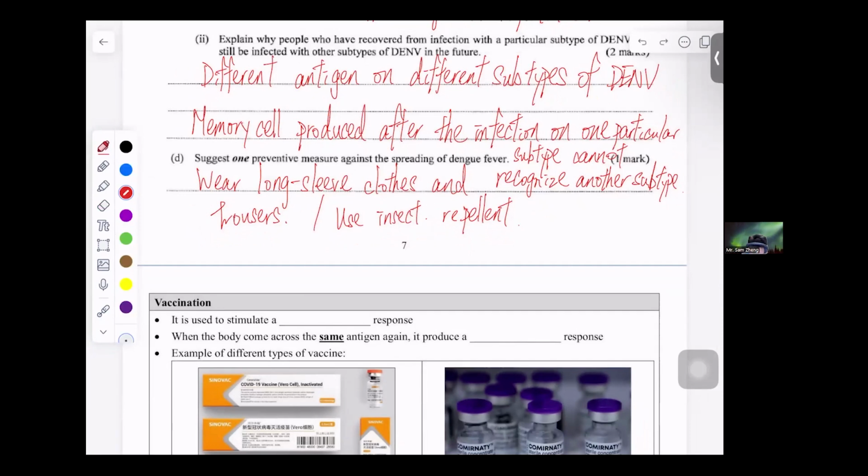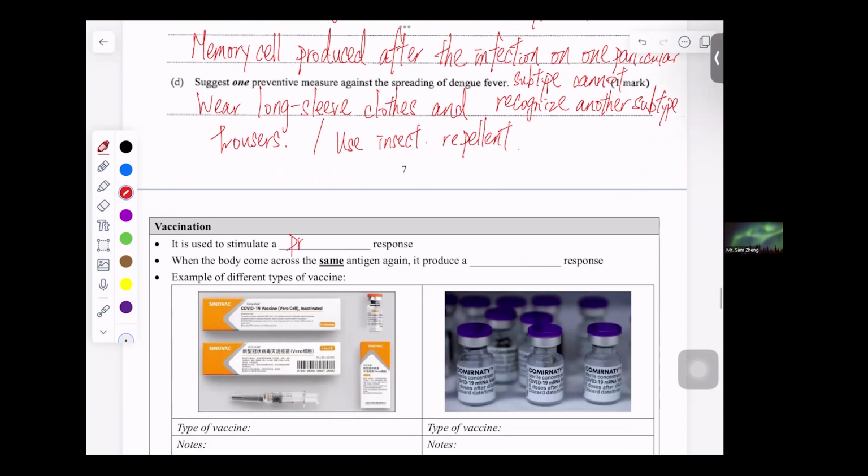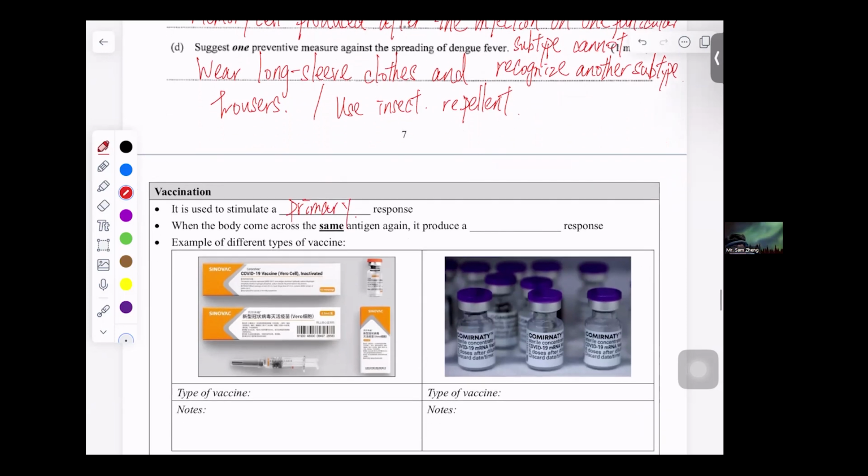Now then, how can we prevent, or how can we reduce the side effects? Mainly, we can use vaccination. In fact, vaccination will help us to stimulate our primary response. So when the same type of antigen comes into our body again, it can directly produce a secondary response.